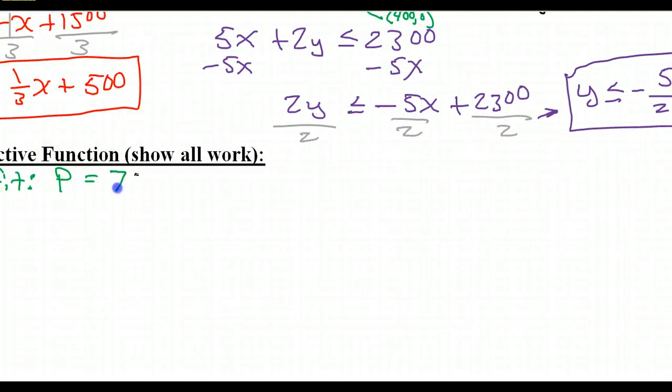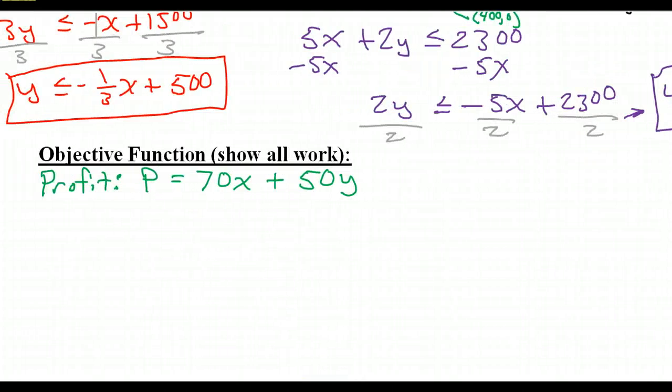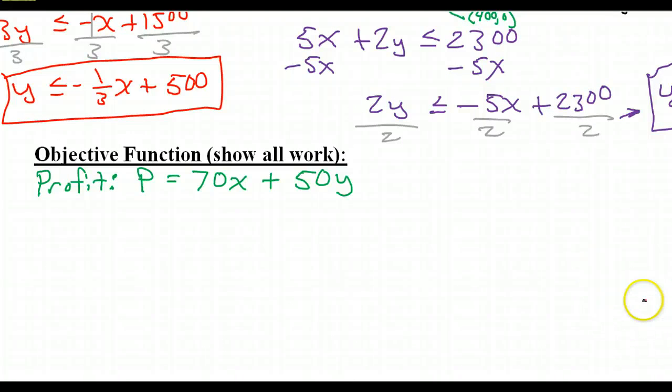So profit equals $70 from Plant A plus $50 per bike from Plant B. That is the function into which we will substitute all of our vertices.